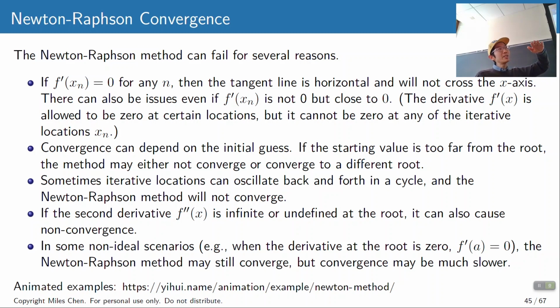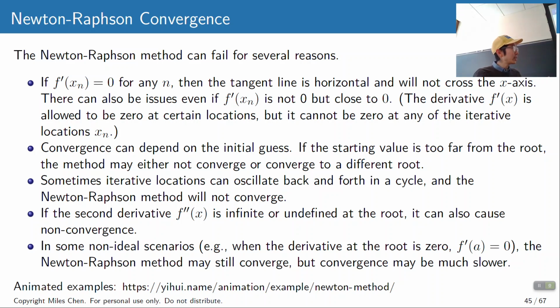And even if it isn't flat, if your slope ends up being close to 0, like 0.01, so you have this very slight angle, and you follow this tangent line to where it crosses the x-axis, it might end up super far away, right? So you can end up far away, and that could end up causing problems.